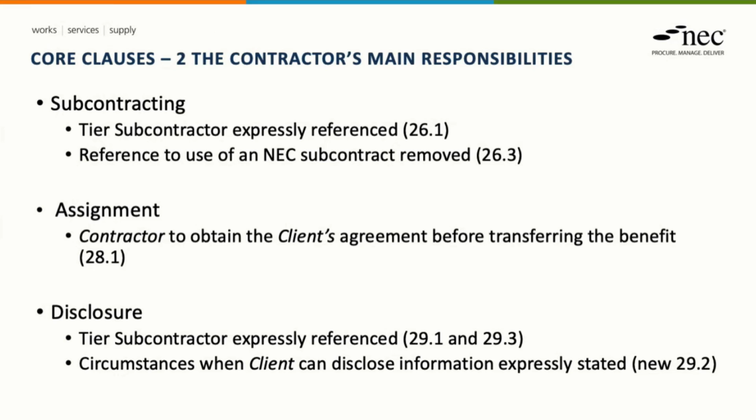Within the assignment provisions, within clause 28, there's been a small change there requiring the contractor to obtain the client's agreement before transferring the benefit. The disclosure provisions in clause 29 flow down to tier subcontractors, and one of the new clauses deals with the circumstances when the client can disclose information.